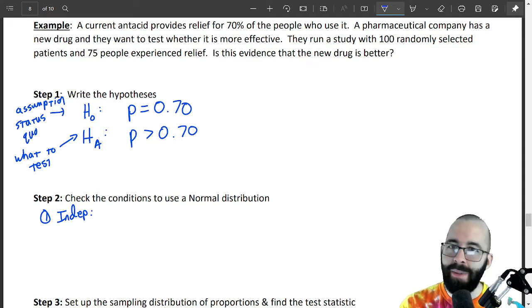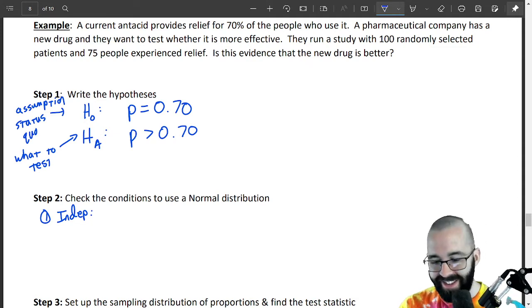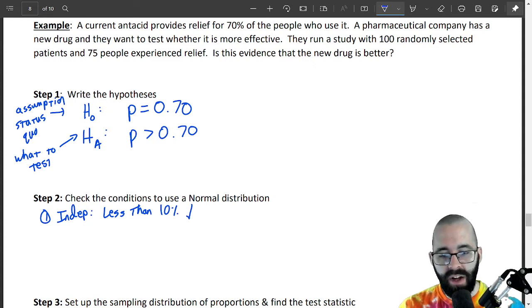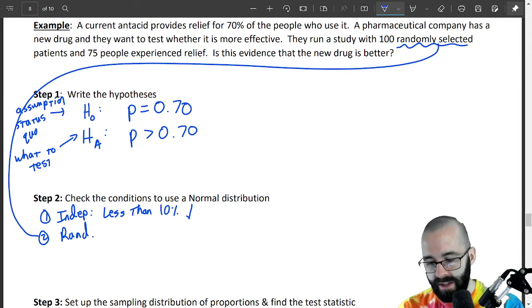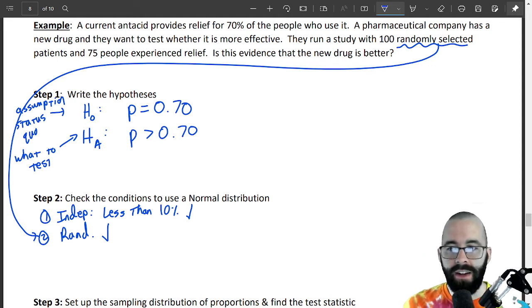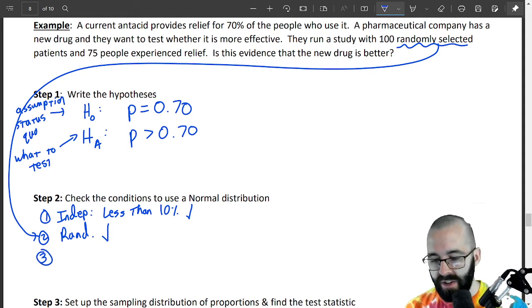I can guarantee the population is bigger than 1,000 people. So yes, less than 10%. We're good to go. Randomization. Well, it says they're randomly selected. Check.